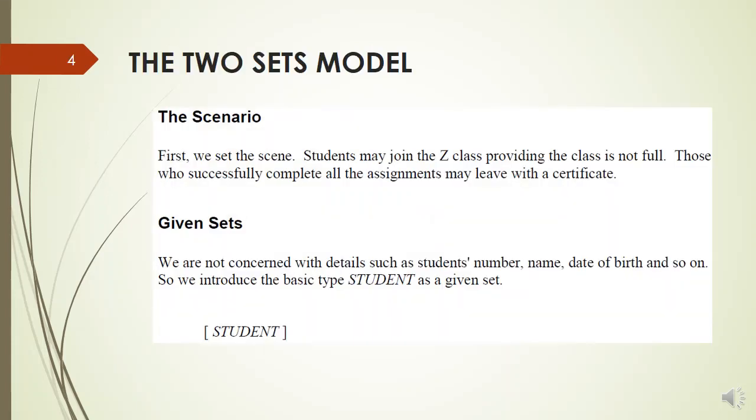Class management system basically allows students to register themselves in a course, and secondly, it has a facility that a student may leave with a certificate who has completed all the assignments or sessionals.